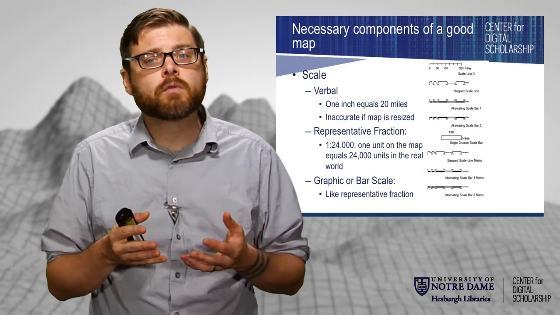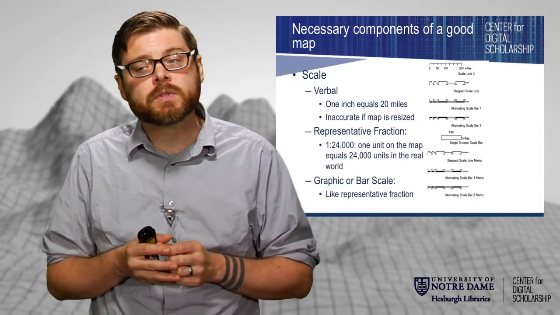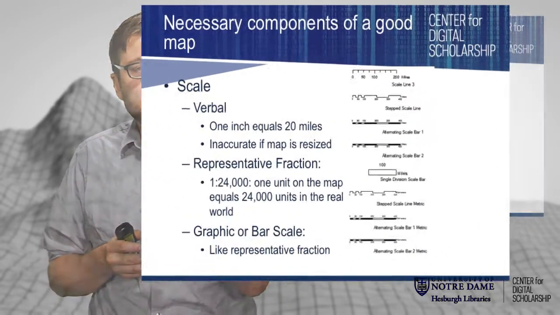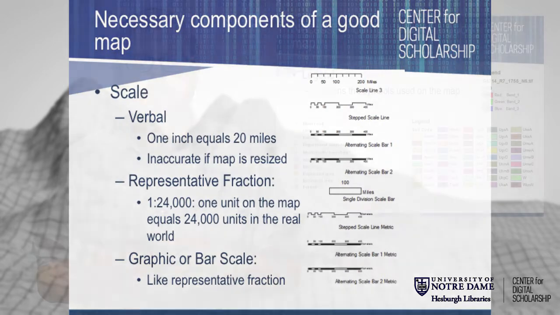And these are like a representative fraction, but it has a line. You can see a few examples of them up here, showing what 1 meter looks like on the map versus what 1 meter looks like in the real world. Or it's showing simply that this length on the map is 10 kilometers. So these are quite easy to put in, and the ones that we're going to be working with almost exclusively.